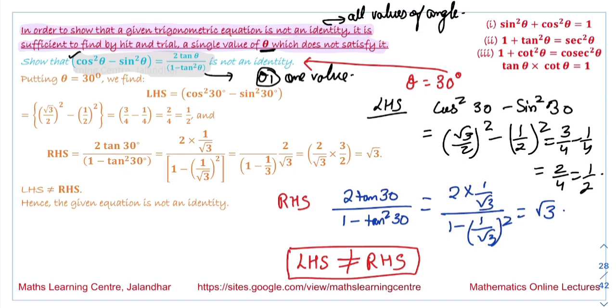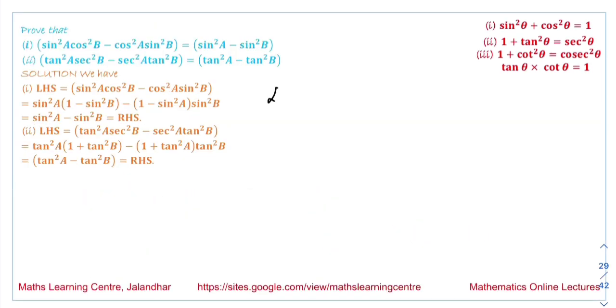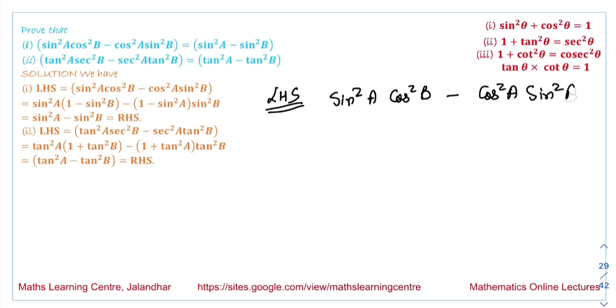Now in this next question, in the first part we are considering the LHS. So it is sin square A into cos square B minus cos square A into sin square B. The answer we want is in the form of sine.